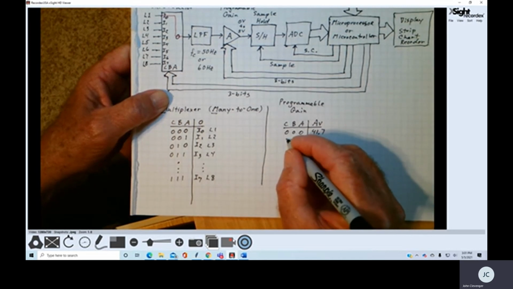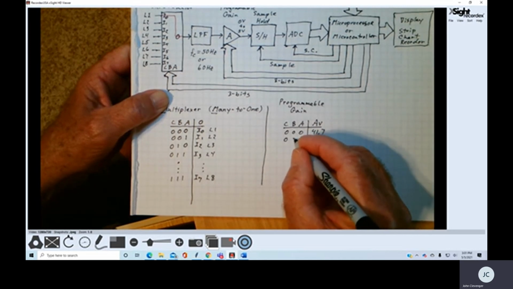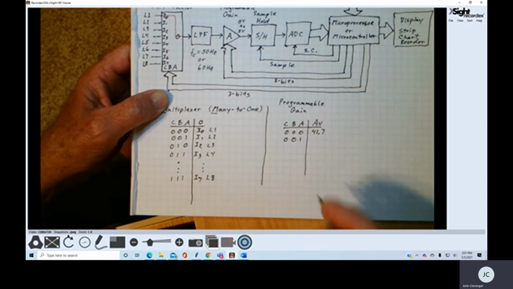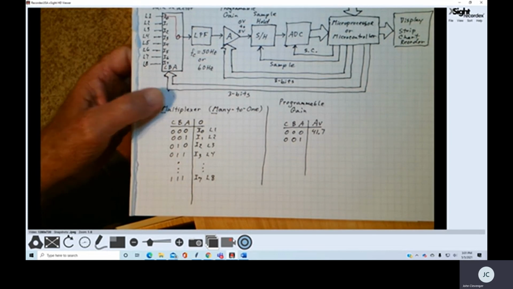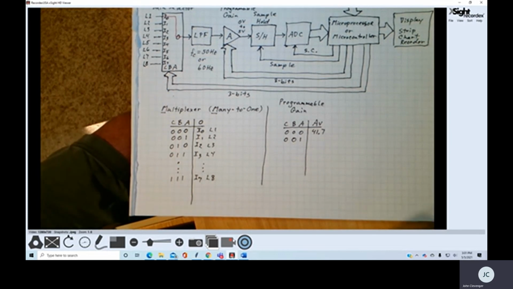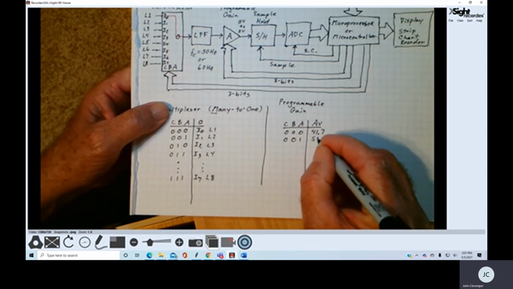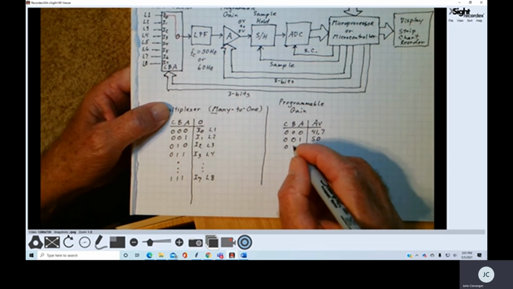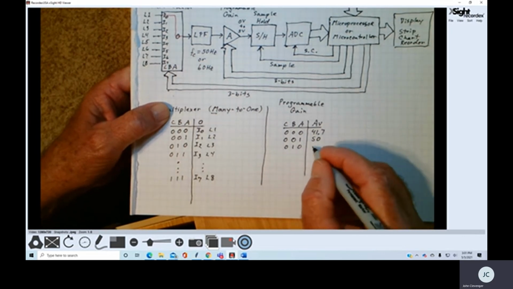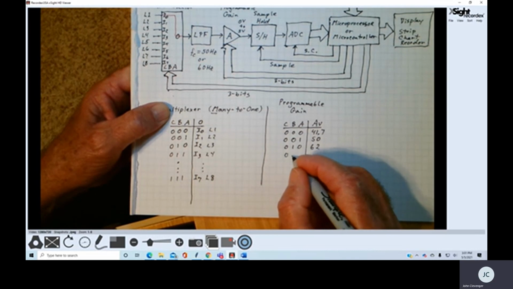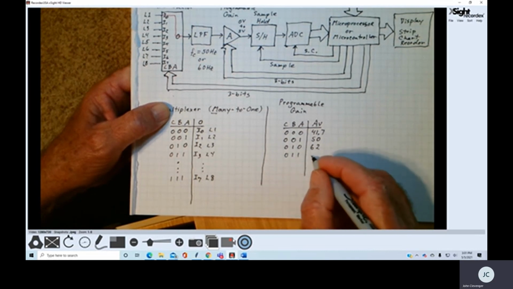And if this was a CBA input of 001, we could then change this gain to a different value. So let's just say 50. We'll just pick some numbers here. And 010, the gain could be 62. 011, we'll pick a different gain of 70.